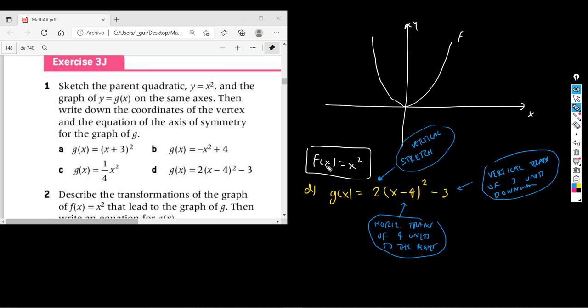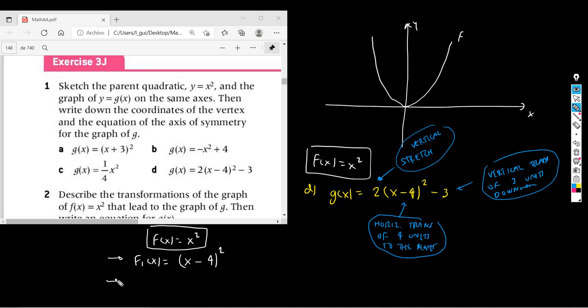What you do is this: you take the parent function, and then you try to arrive from the parent function to this one by applying the respective transformations. The first transformation should be the horizontal translation. This step achieves the horizontal translation of 4 units to the right.